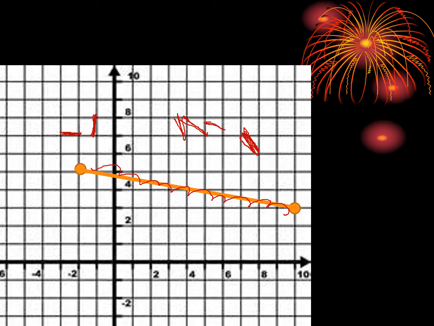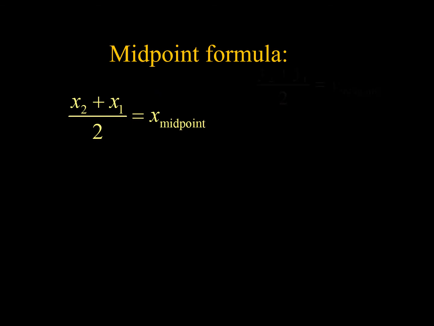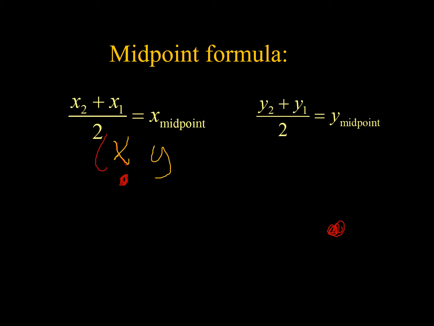But the way you're going to do it is the formula. So the midpoint formula: you have to find halfway between the x's and halfway between the y's. In that case, here's an endpoint with x, y, and here's an endpoint with x, y. Every time you've got a point, you've got an x and a y ordered pair.